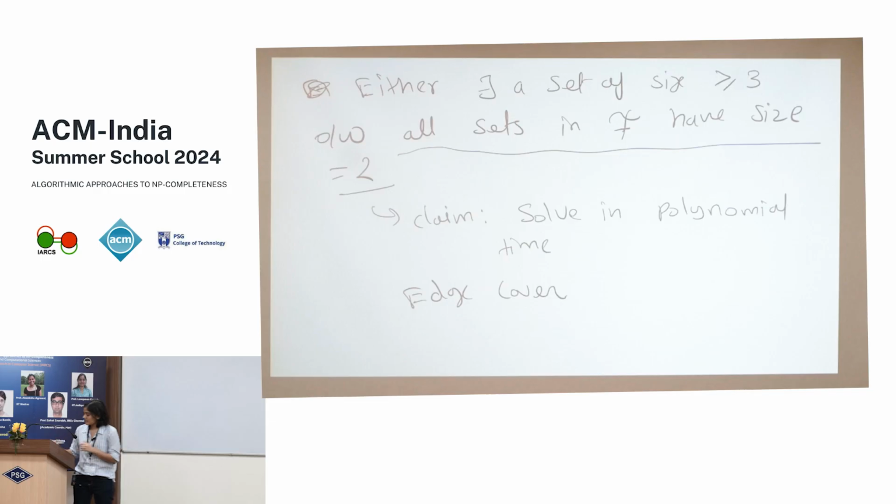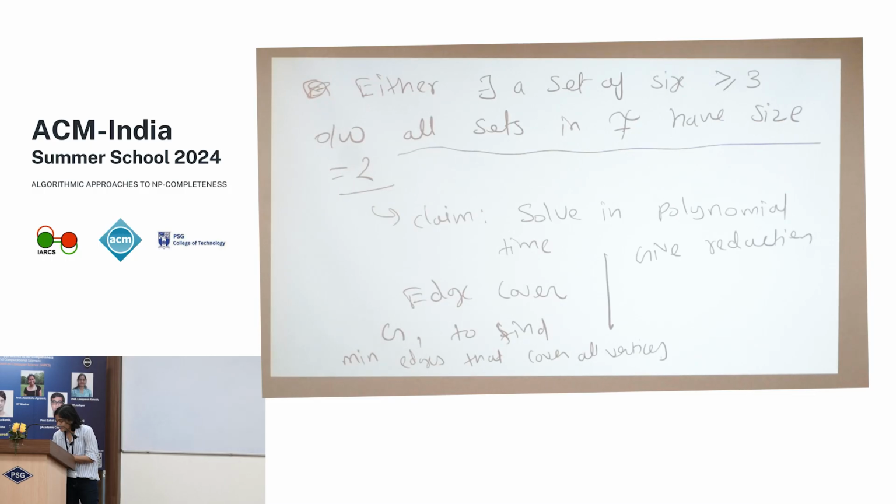Okay, so here I have a graph and the goal is to find minimum edges that cover all vertices. Okay, so give reduction from set cover. Let me call it 2 set cover because every set has size 2, to edge cover.